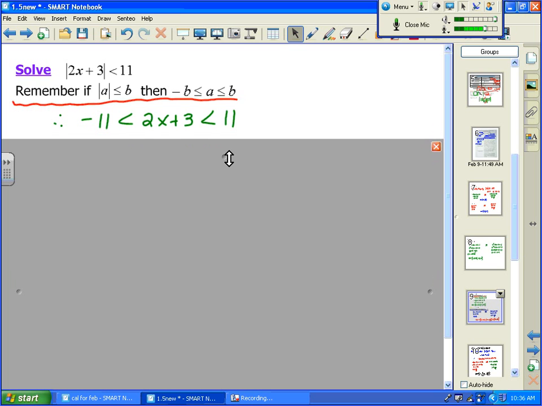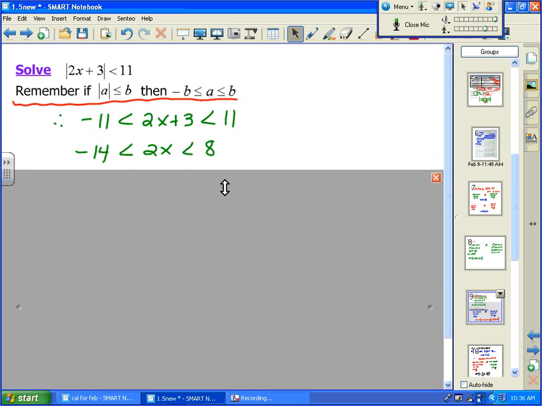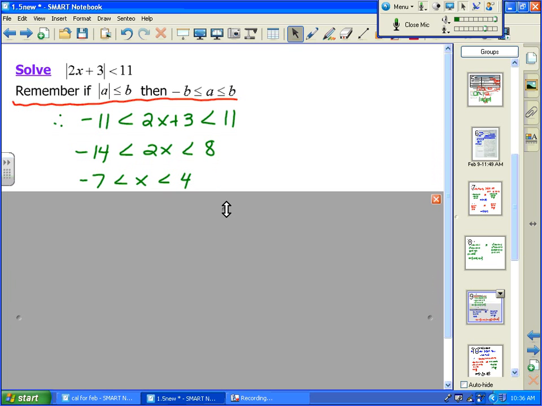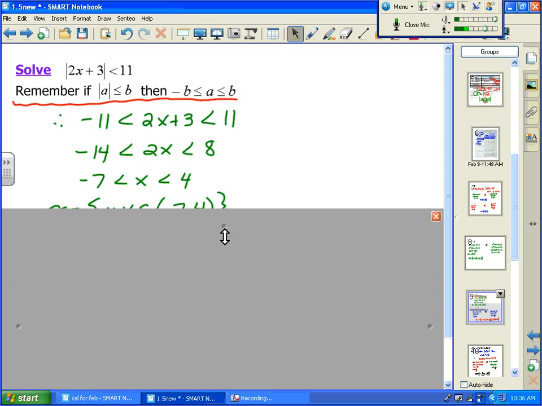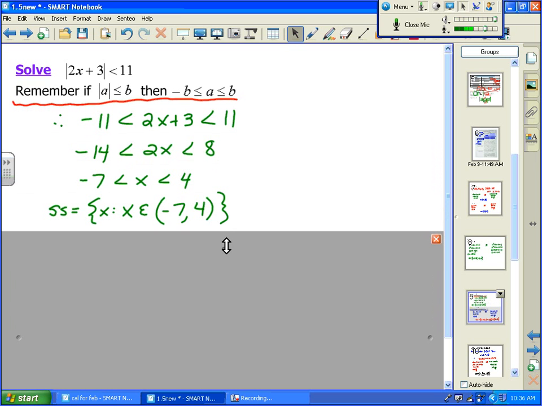Now we're just solving this inequality like yesterday. Move the 3 over to both sides, subtracting it, dividing by 2. I'm saying x is greater than negative 7, but less than 4. So you can write it in your set notation. And there's my answer to the question.